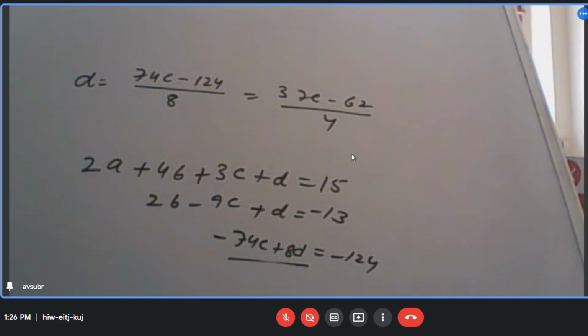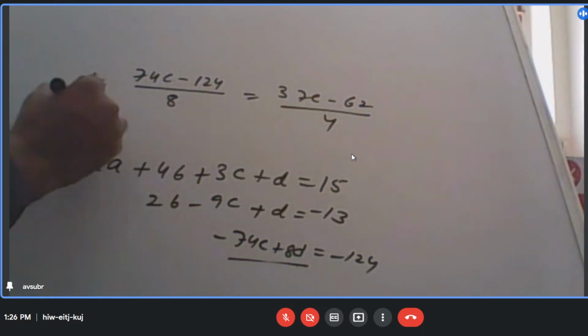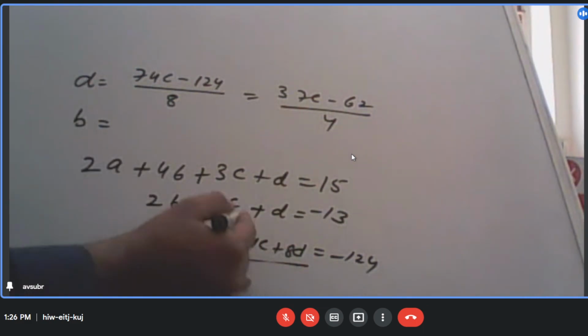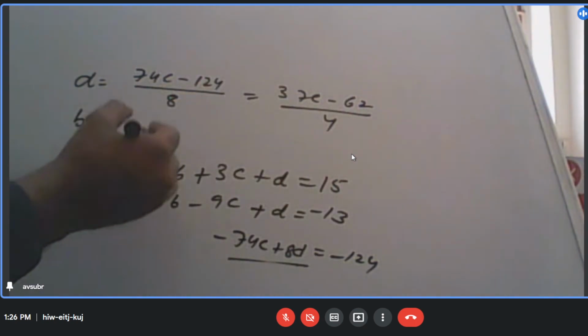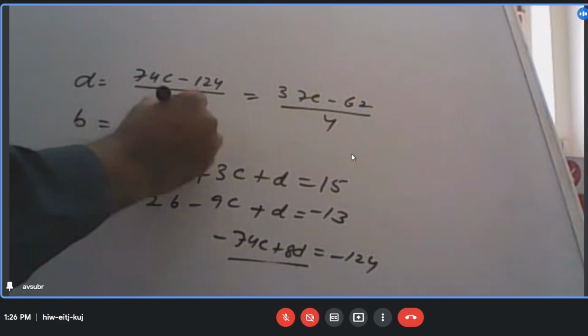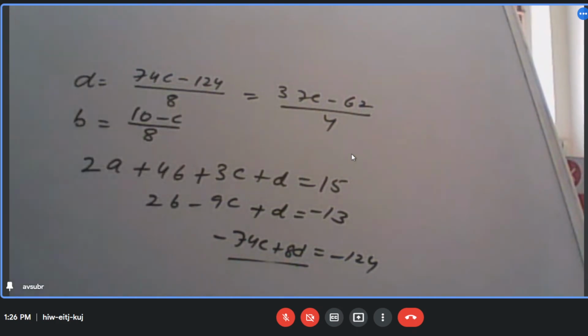तो यहां से अब B भी निकल जाएगा हमारा. इसमें यदि हम पुट करेंगे, तो C के टर्म्स में B आ जाएगा, 10 minus C by 8. सॉल्व करके देख सकते हो तुम लोग: 2B minus 9C plus 37C minus 62 by 4 equal to minus 13. इसको solve करके देखो, you will get this.